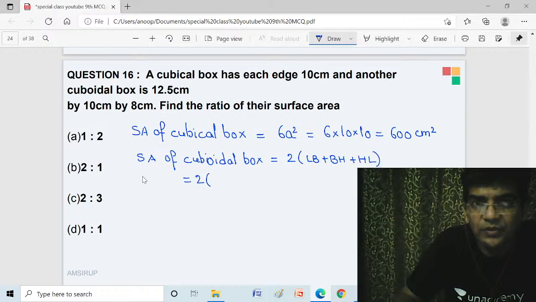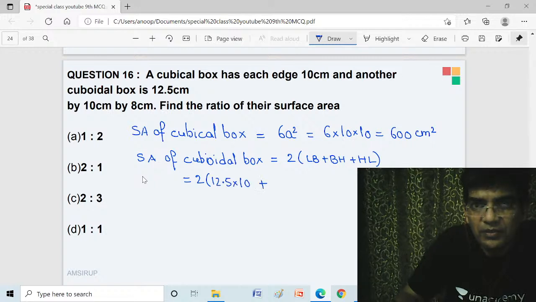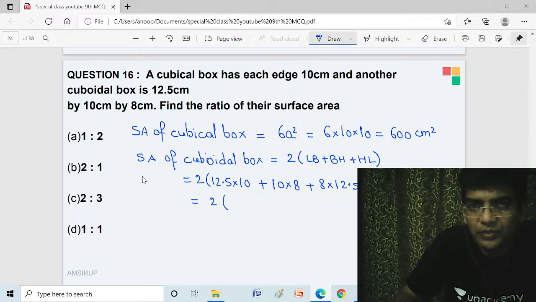So length here is 12.5 into breadth is 10, plus breadth into height, plus height into length. So this will be 2 into, now 12.5 into 10 will give us 125. This will give you 80 and this will give you 100.